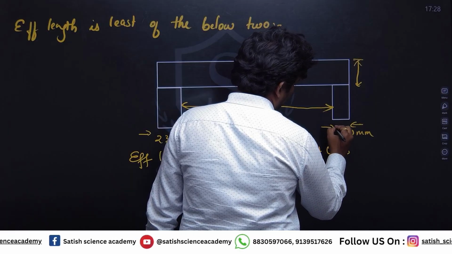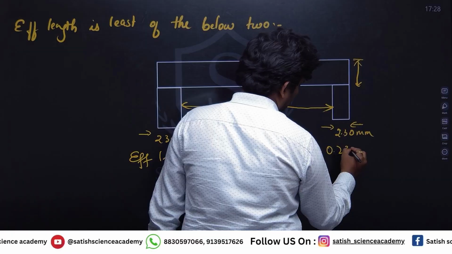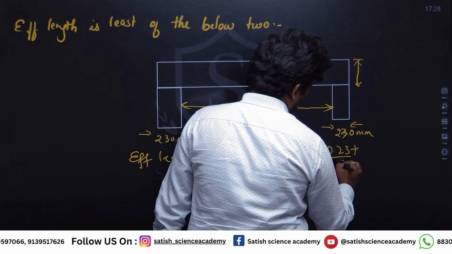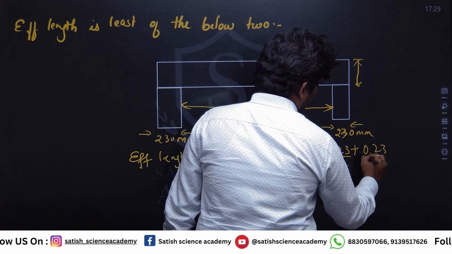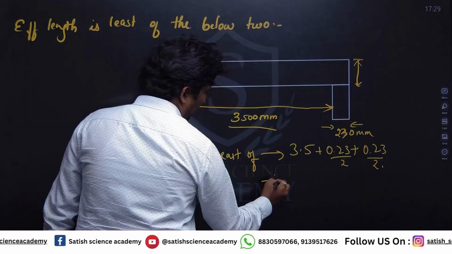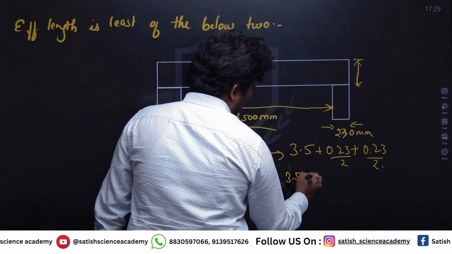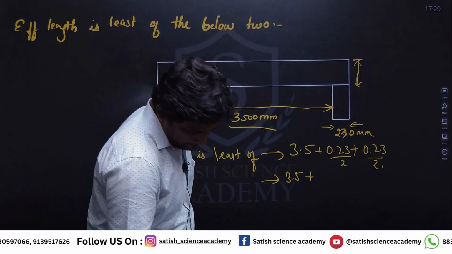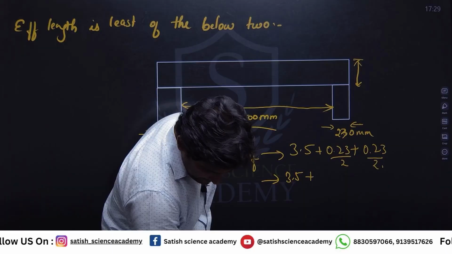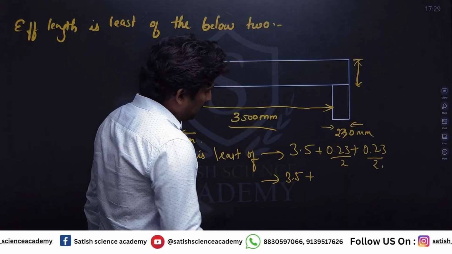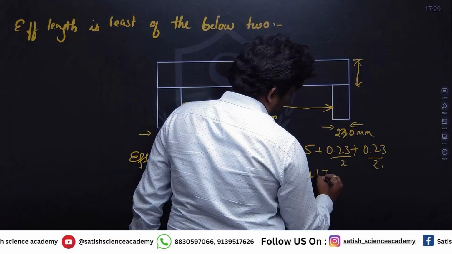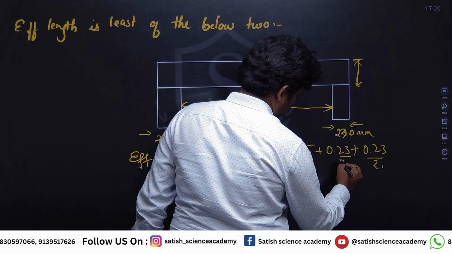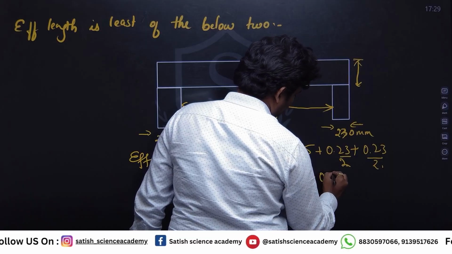0.23 by 2 plus 0.23 by 2, and another condition is 3.5 plus effective depth, that is 175, plus 0.175.